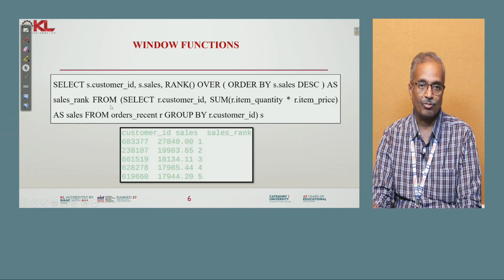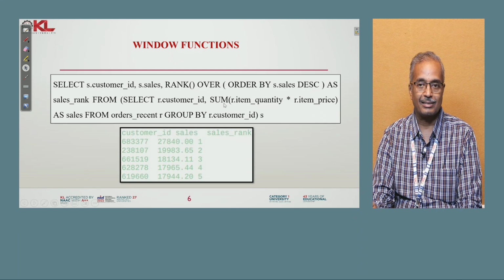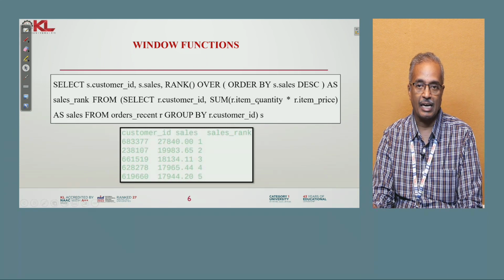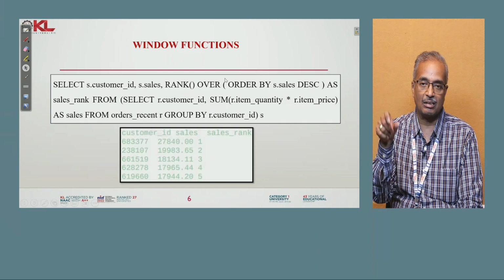After that, from: select customer ID, after that sum of the item quantity attribute value multiplied by item price, so we can get the total.